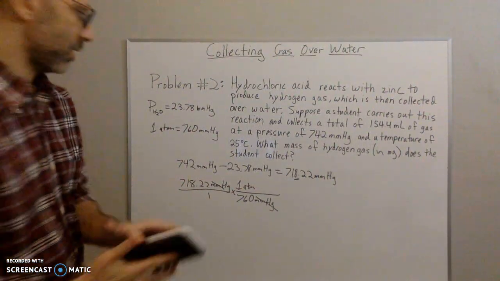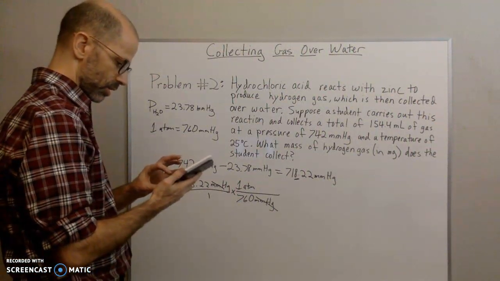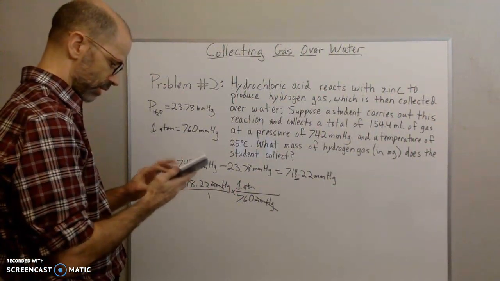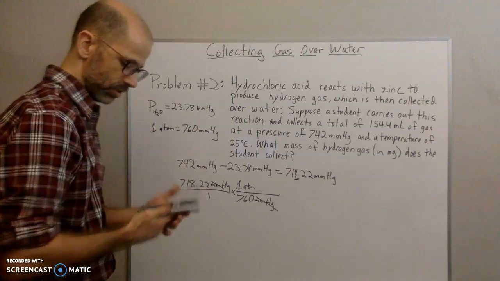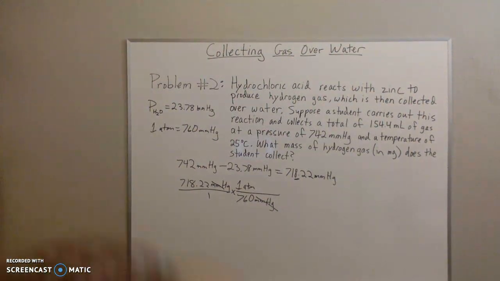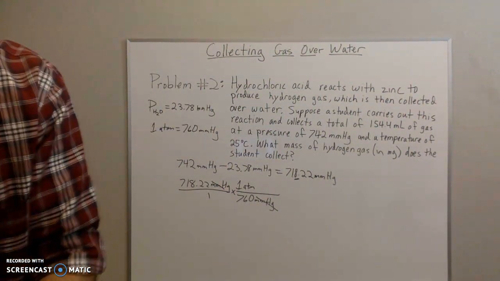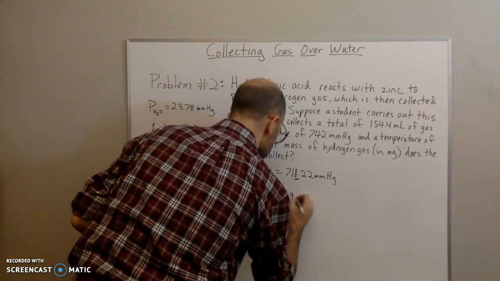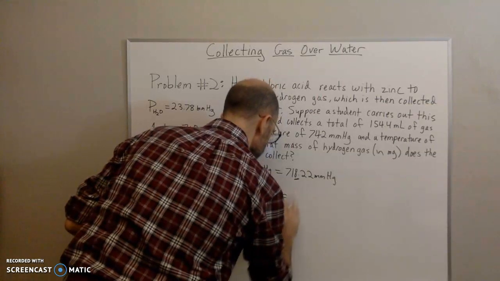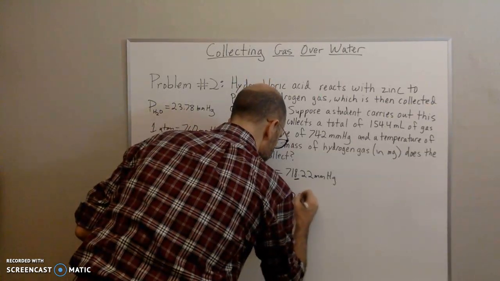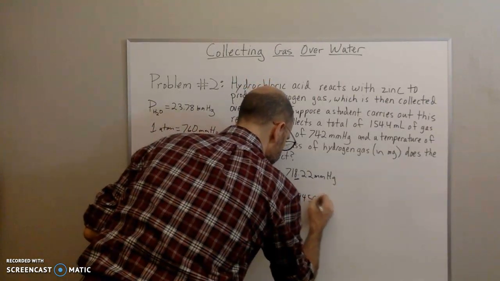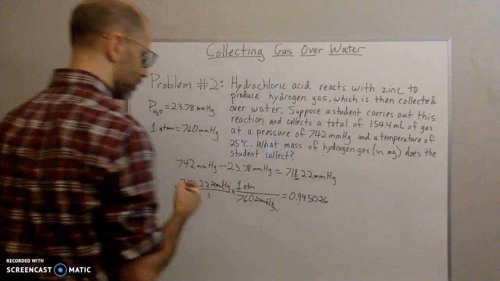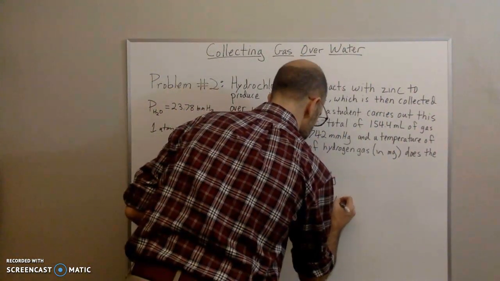Now I can calculate. I divide this by 760 and I get 0.945026, and that's atmospheres.